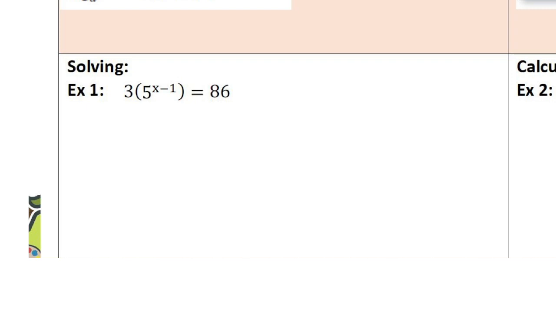So for our first example, we have the number 3 in front. If we're told to solve this, we probably want to divide first. We have 5 to the x minus 1 equals 86 divided by 3. Next, we'll take the natural log of 5 to the x minus 1 equals the natural log of 86 over 3.